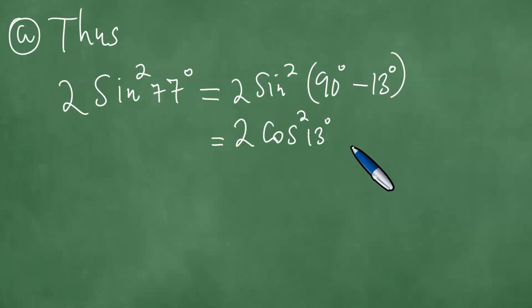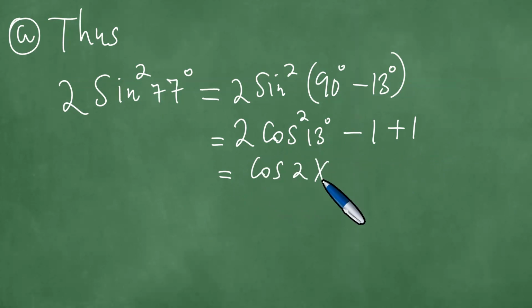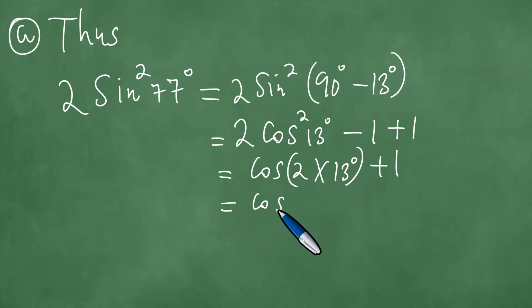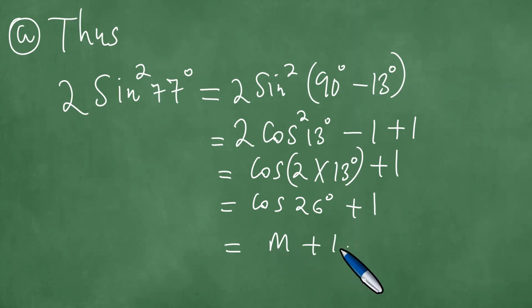If we put minus 1 plus 1, then 2 cosine squared of 13 degrees minus 1 is the same as cosine of 2 times 13 degrees, plus 1. This is exactly cosine of 26 degrees, because 2 times 13 is 26 degrees. And the cosine of 26 degrees is exactly m, according to the given question.